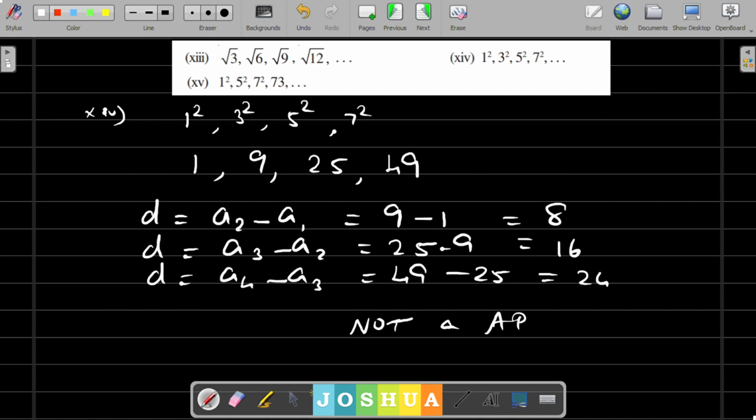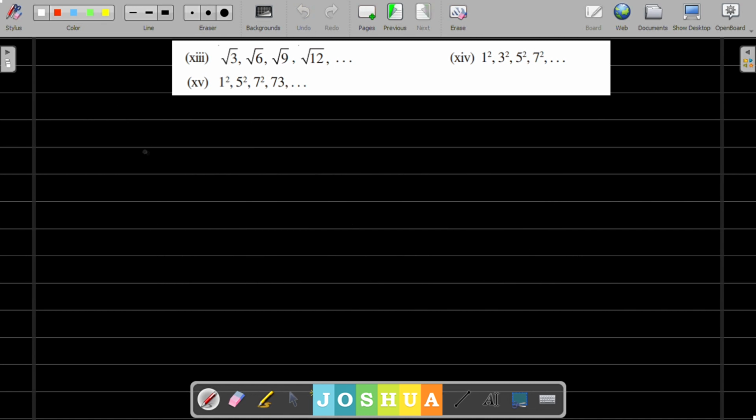Now the last question in this case, question number 15: 1 square, comma, 5 square, comma, 7 square, comma, 73. So 1 square is 1, 5 square is 25, 7 square is 49, and 73. Sometimes students write 73 square or 7 square, they confuse.